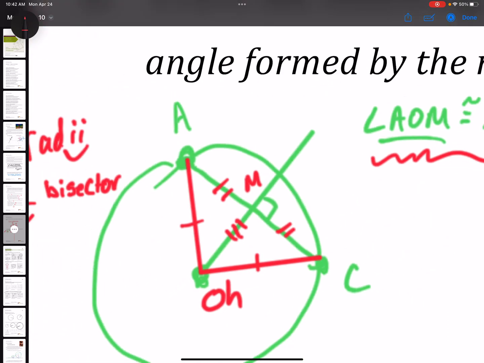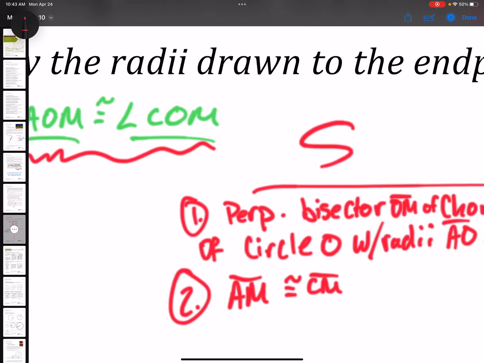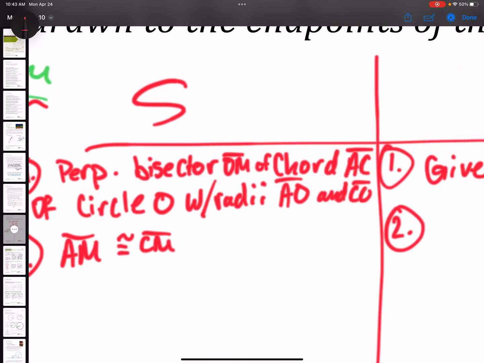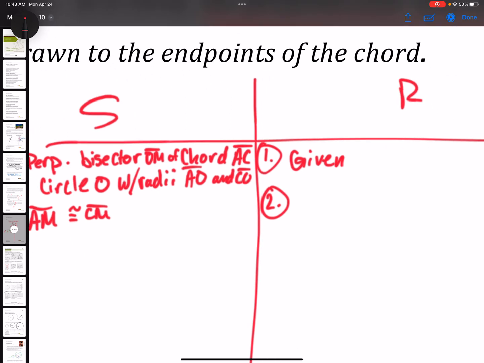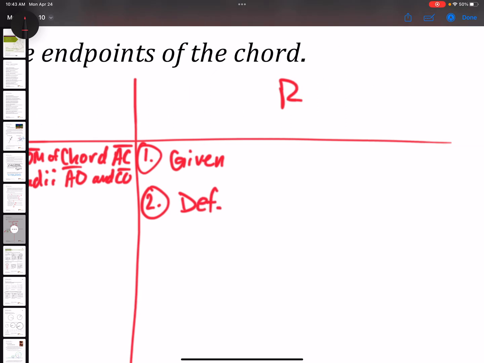How do we know that they're congruent? Which line is it? The perpendicular bisector. If something is bisected, then each side is congruent. So it's the definition of perpendicular bisector. Definition, that's the word.